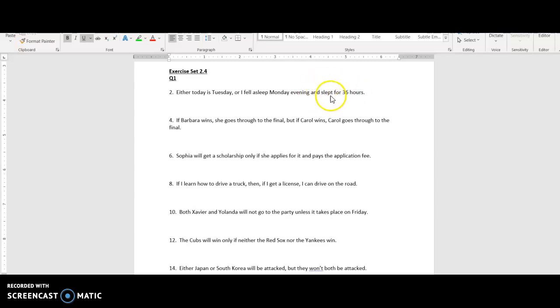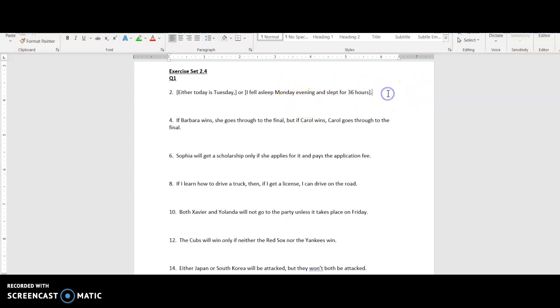Just the way the sentence reads grammatically, it looks like the main operator is the or, which means it's going to be a disjunction. So the first disjunct then is everything that comes before the or, and the second disjunct is going to be everything that comes after the or.